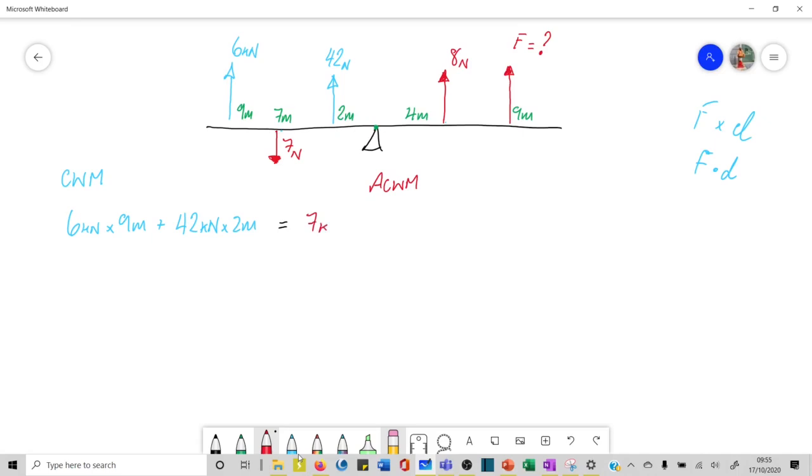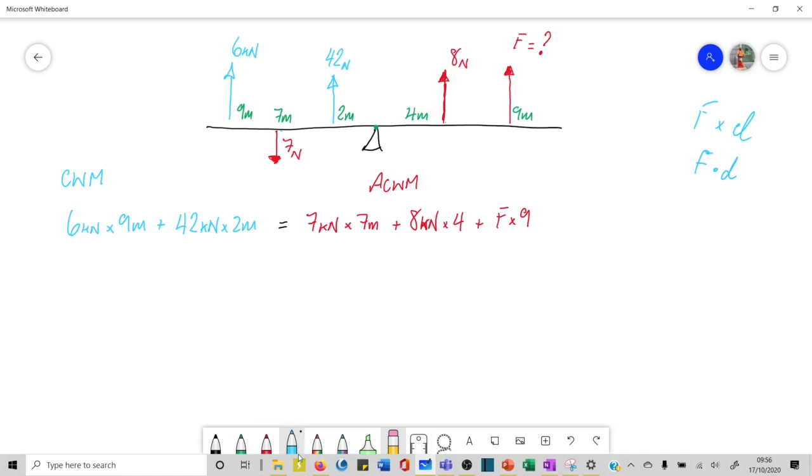So we've got 7 kilonewtons times 7 meters plus 8 kilonewtons times 4 plus we've got F times 9, but we obviously still don't know what F is.